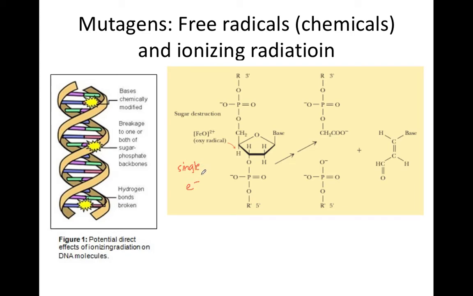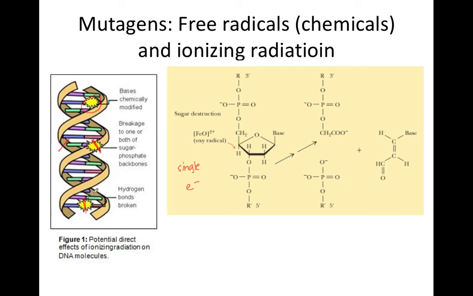If you have an unpaired electron, it would really want to react with everything else so that it becomes more stable. Because of that, it can cause damage by modifying bases. It can cut single-stranded DNA, or it can cut both strands, so you now have a double strand break.